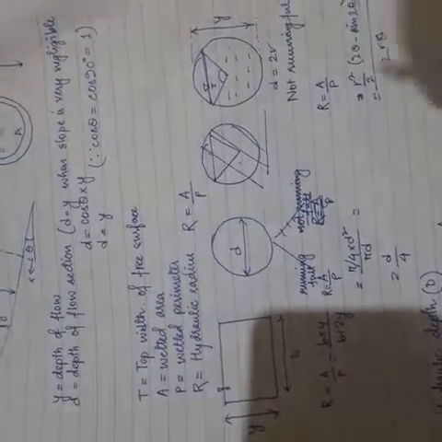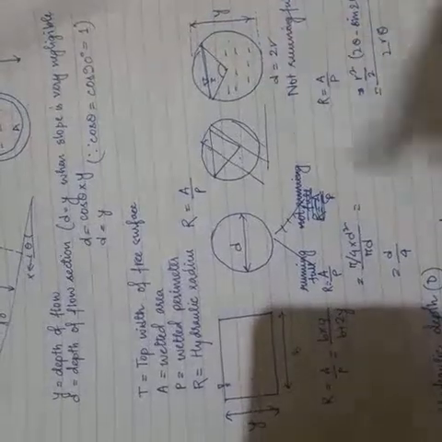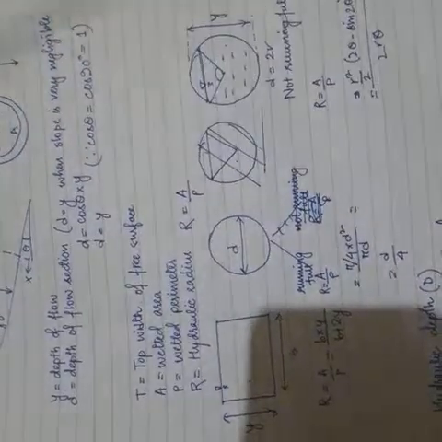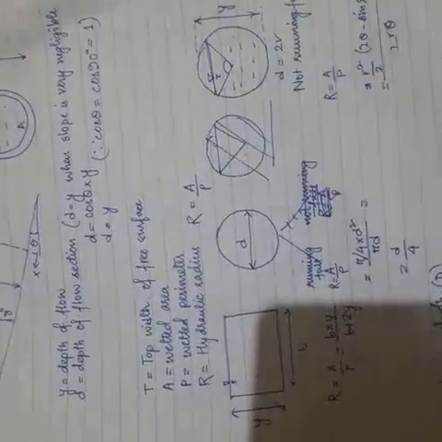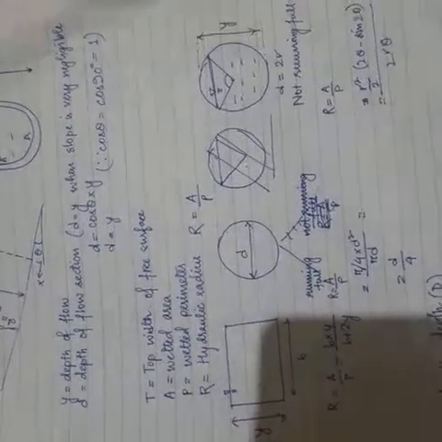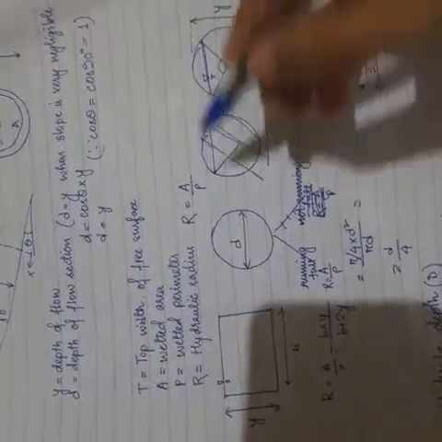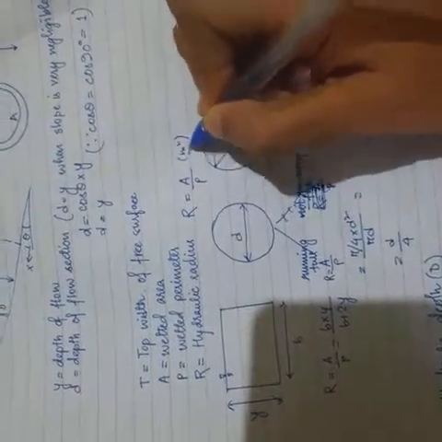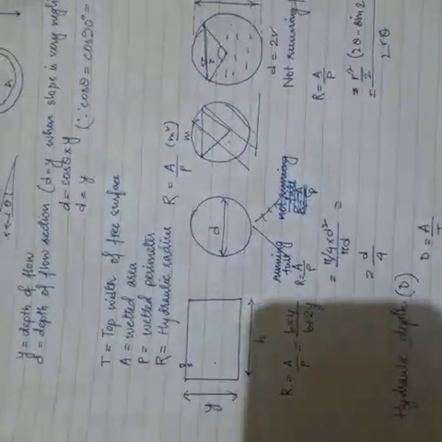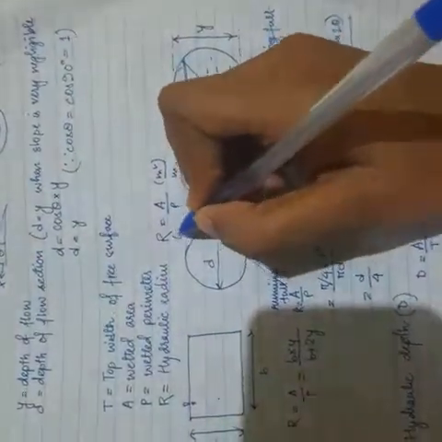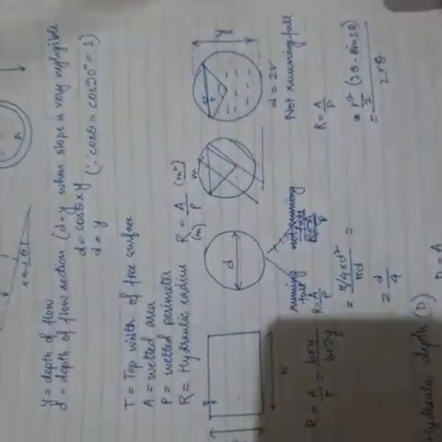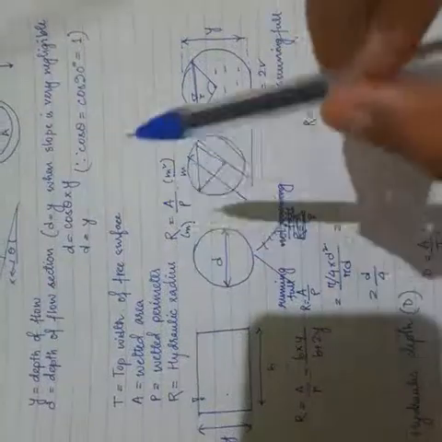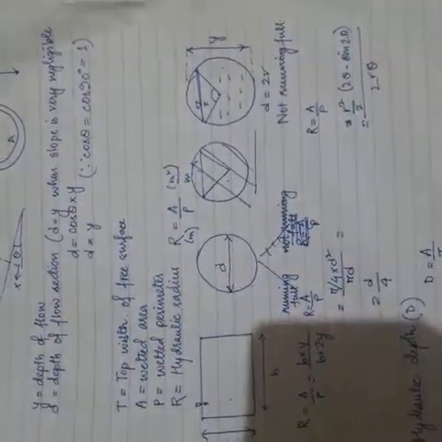It has a circular area, and you divide that by its perimeter, then you get the hydraulic radius, right? Area is in meter square and perimeter is in meter. So obviously hydraulic radius is something in meter. So radius equals A by P.